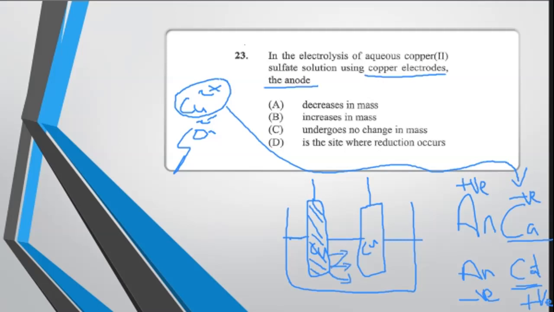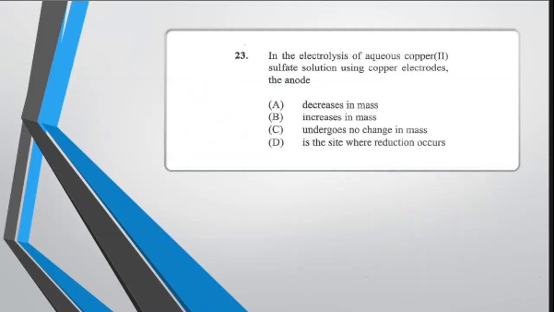So that electrode is going to decrease in mass at your anode, because the copper inside of that anode is going to move across to the cathode, thereby giving you pure copper, or you can copper plate something. You can call that process electroplating.